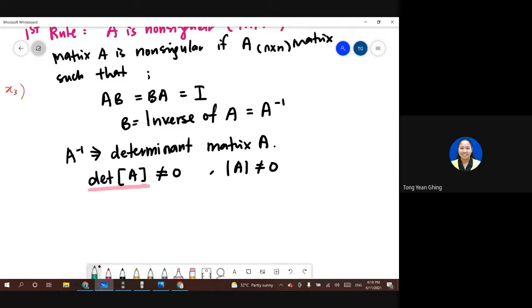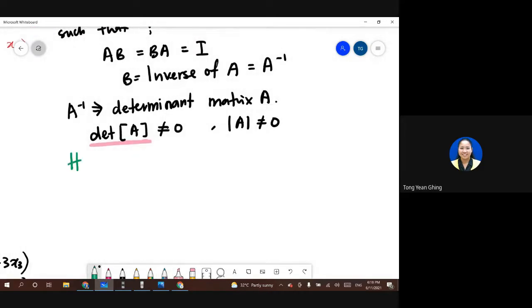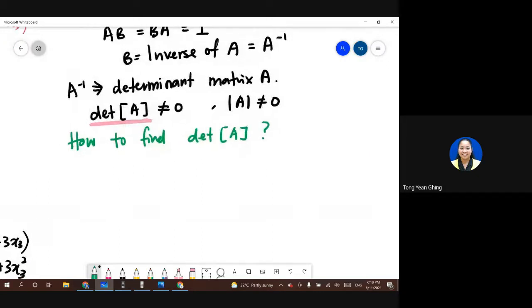Okay, so how to find the determinant of A? Basically we have 3 methods to find the determinant of matrix A. Let's go to the first method.